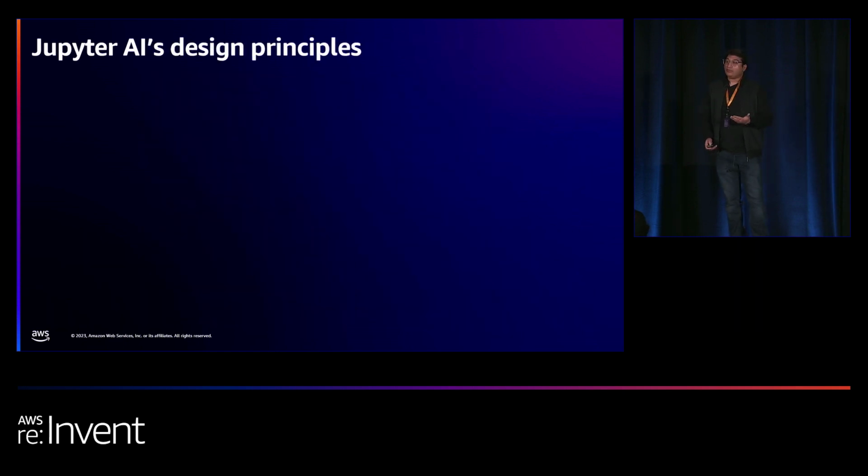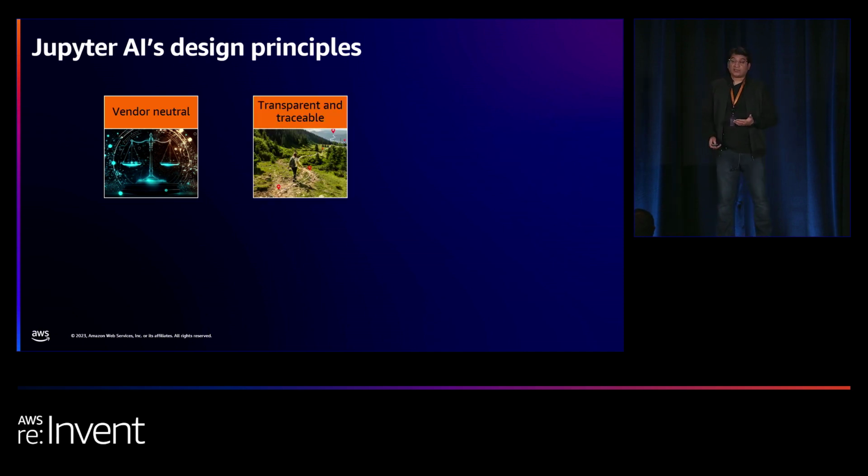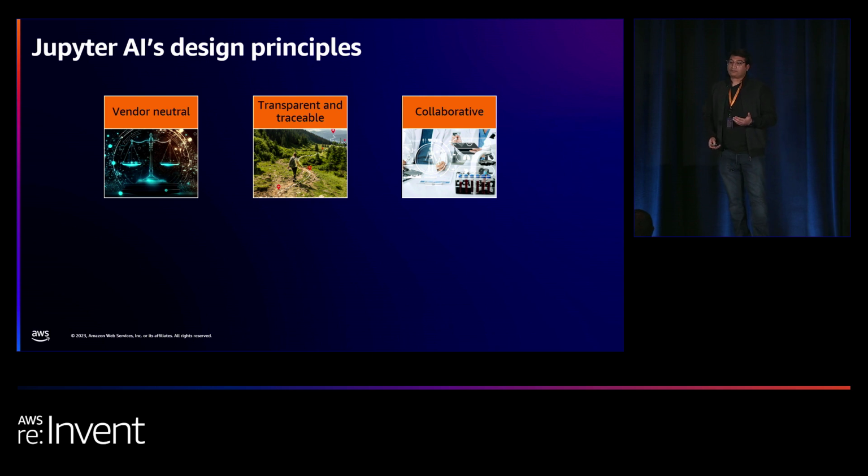So let's review Jupyter AI's design principles that helped us motivate when we started this project. Jupyter AI is vendor neutral. It supports a wide variety of model providers, including AWS and third-party providers and their models. It is transparent and traceable. All the notebooks that you generate and the cells you generate are clearly indicated as having been generated by AI. It is collaborative.